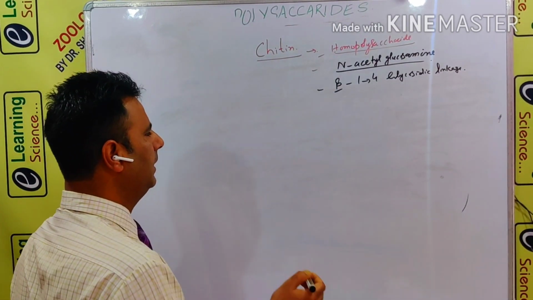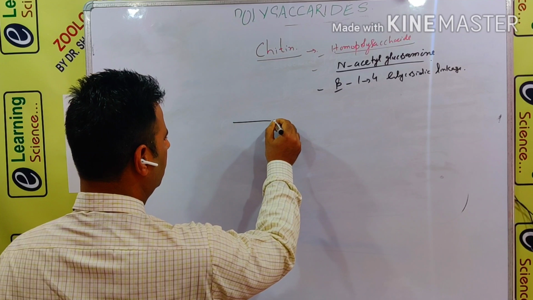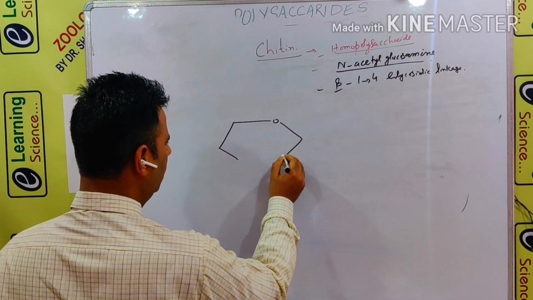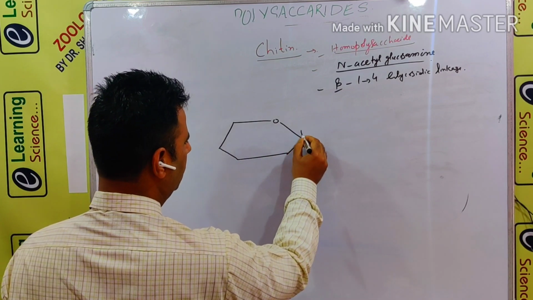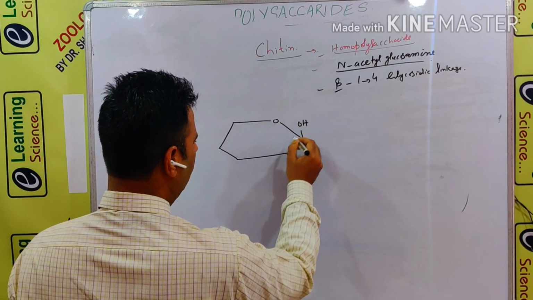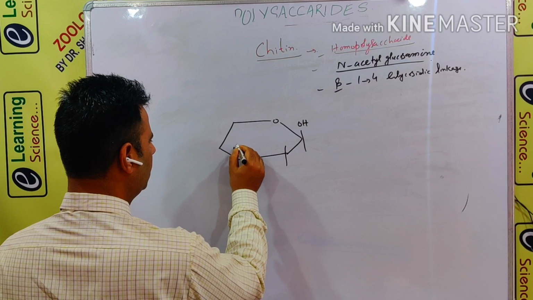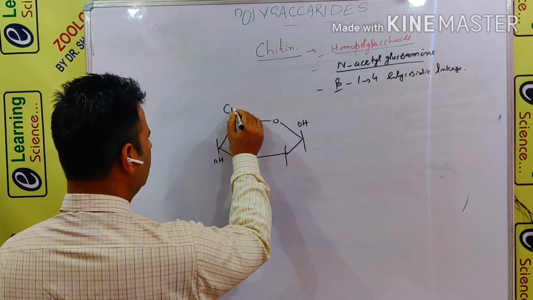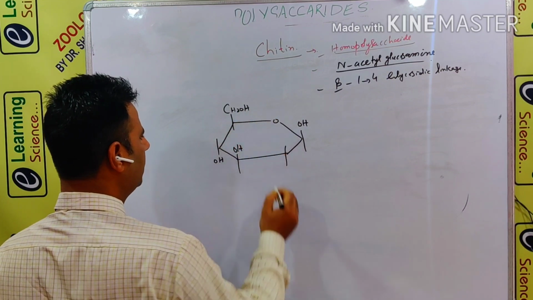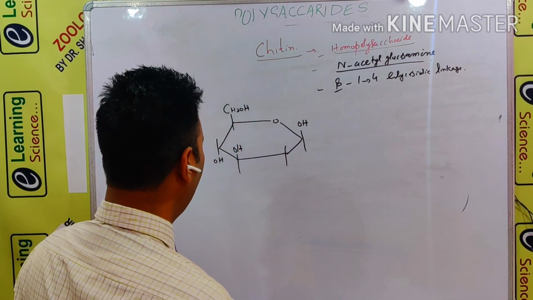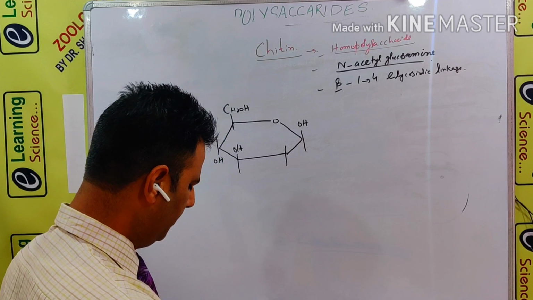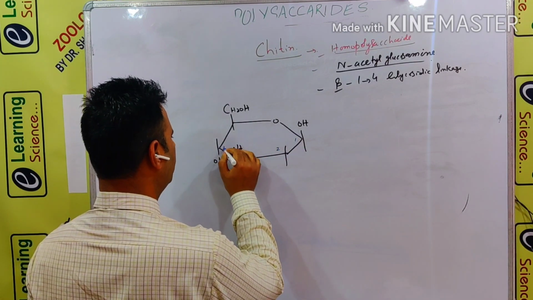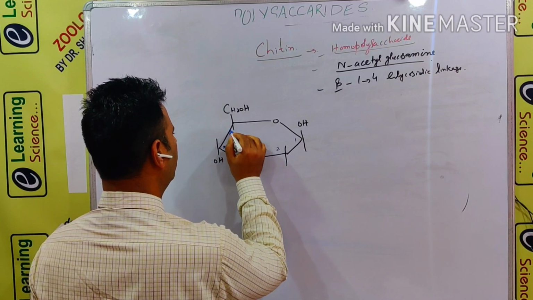If we have to make it, we can just show you. You make beta D glucose. Here you have OH, here OH, here OH, and here CH2OH, right? Numbering 1, 2, 3, 4, 5, and 6.